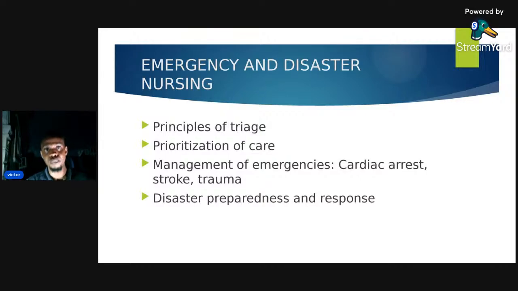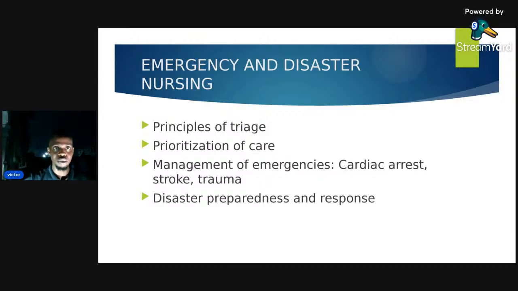Then disaster preparedness and response, that means how you prepare for disaster. In a hospital you should be prepared for any form of emergency, and that is why you must have adequate staffing and adequate equipment in your hospital or in your facility. So disaster preparedness means how you prepare for upcoming disasters or emergency.